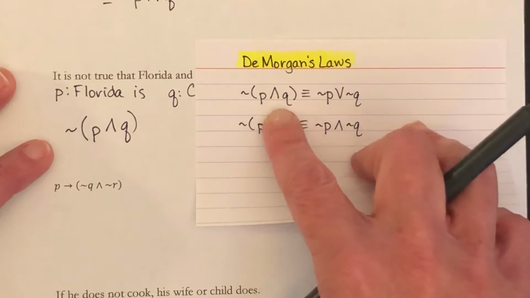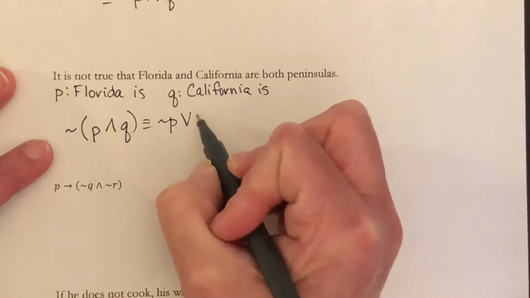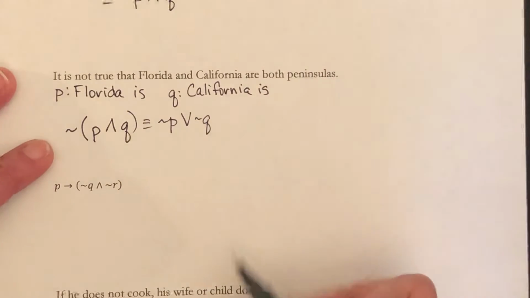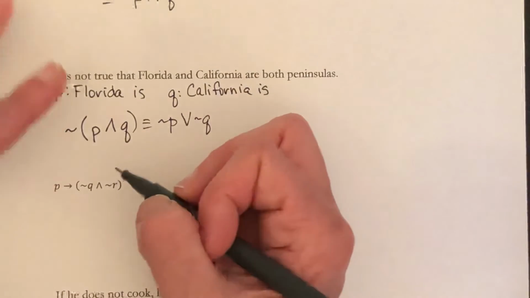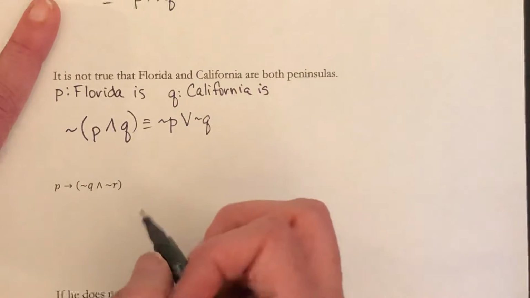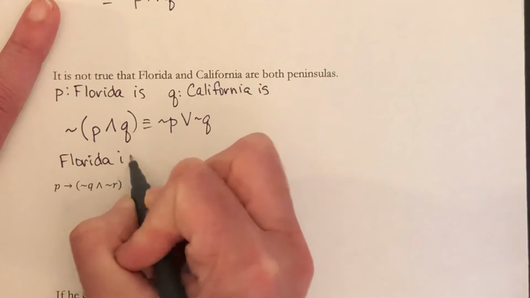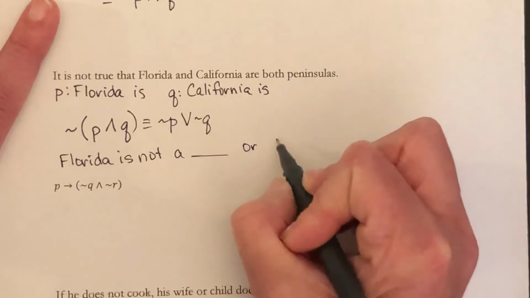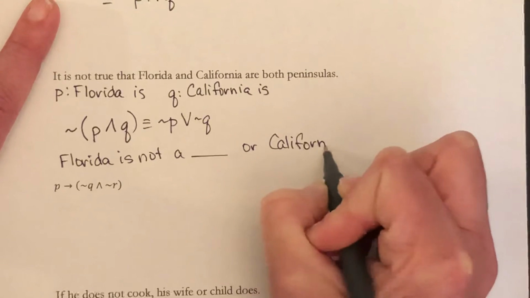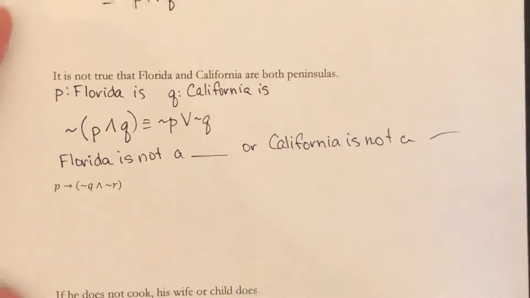We end up with not P or not Q. Now we would rephrase this: Florida is not a peninsula or California is not a peninsula. I don't think it's that bad.